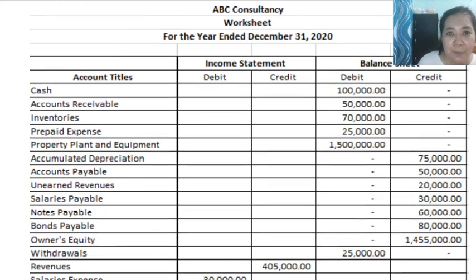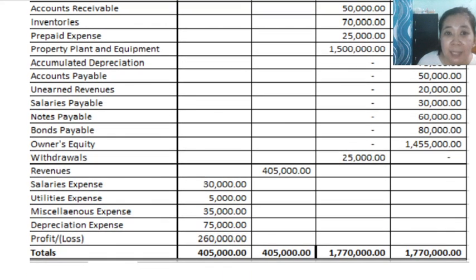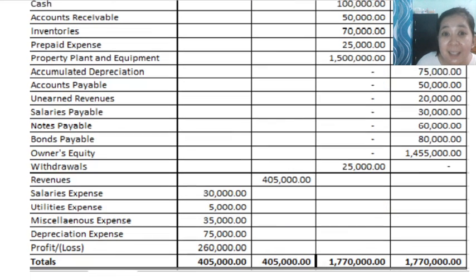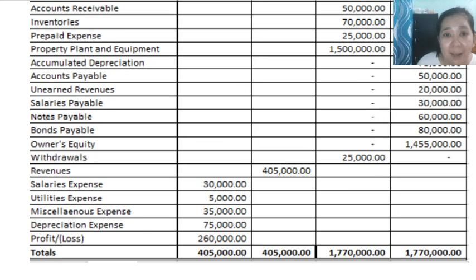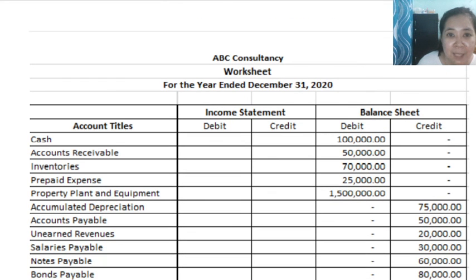Again, if it is placed on the debit side, it pertains to our profit, because in this case expenses are less than our revenue. In the opposite case, if the revenue is less than the expenses, the difference will be placed on the credit side, which pertains to our loss. Again, the total should be equal here. That's for our income statement.